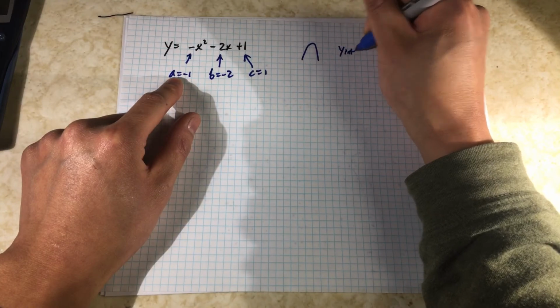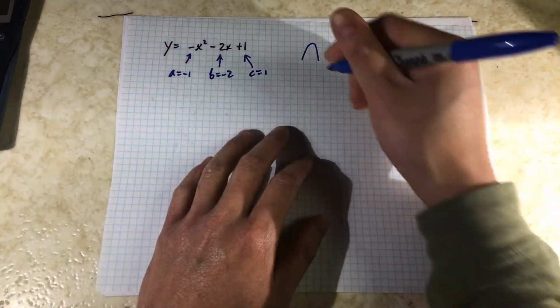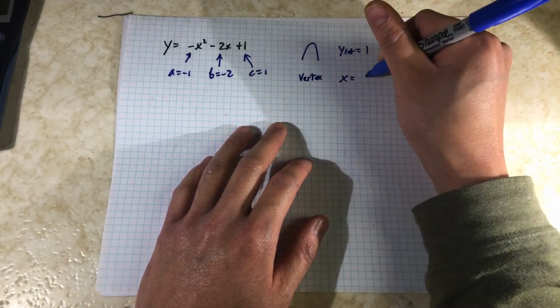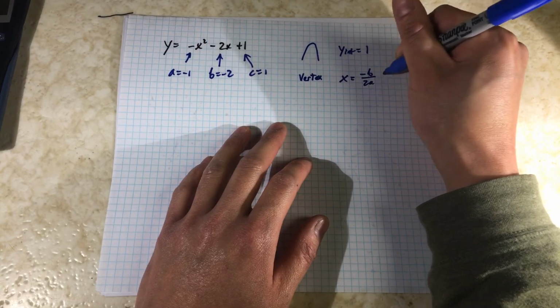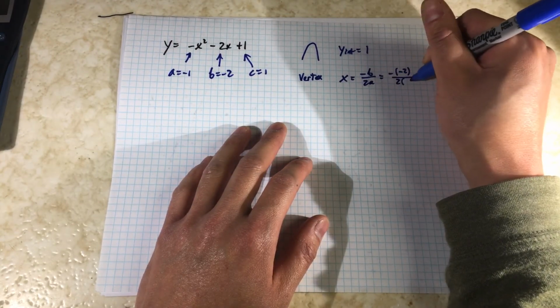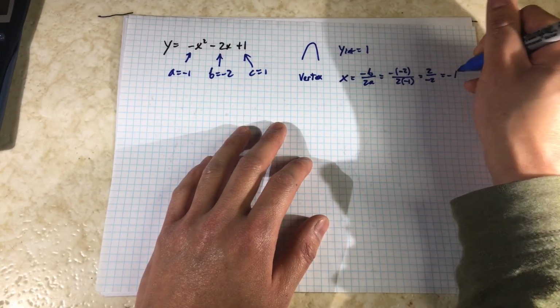The y-intercept is the value for c, so the y-intercept is going to be 1. For my vertex, first I figure out the x value, which is negative b over 2a, so that's negative of negative 2 over 2 times negative 1. So this is 2 over negative 2, which is negative 1.